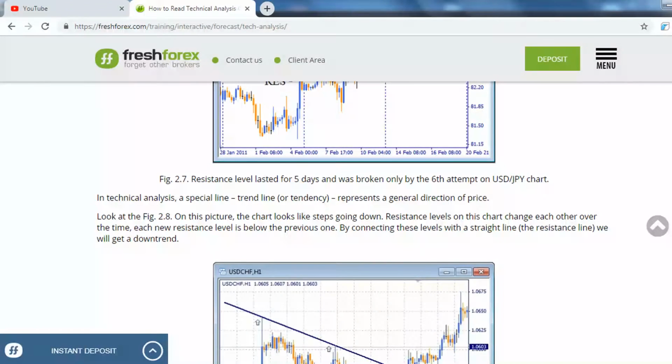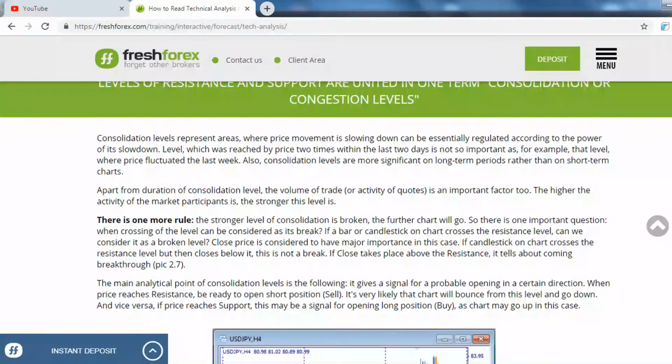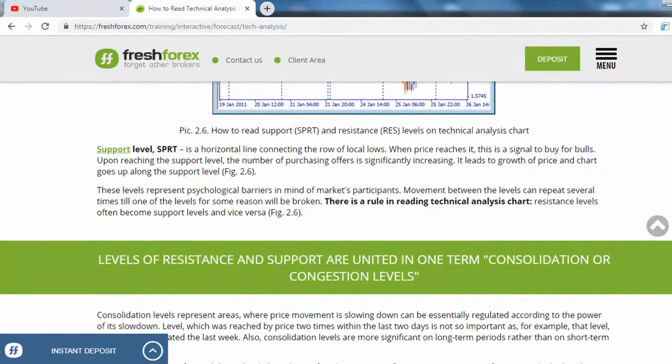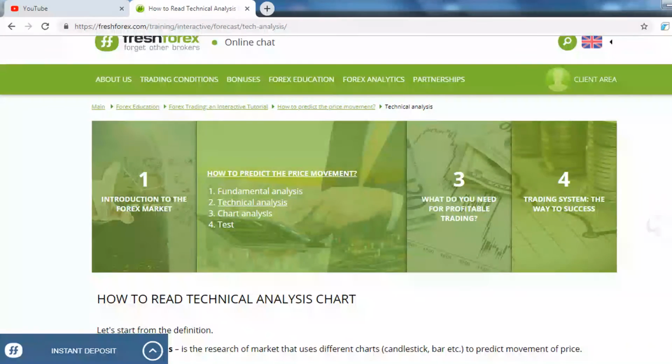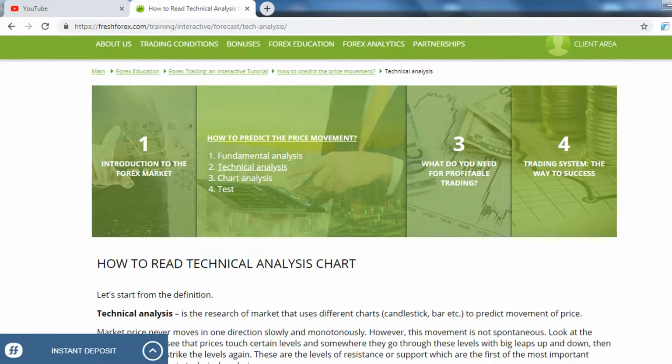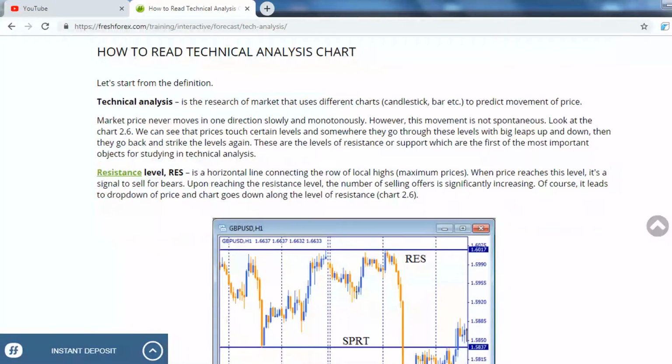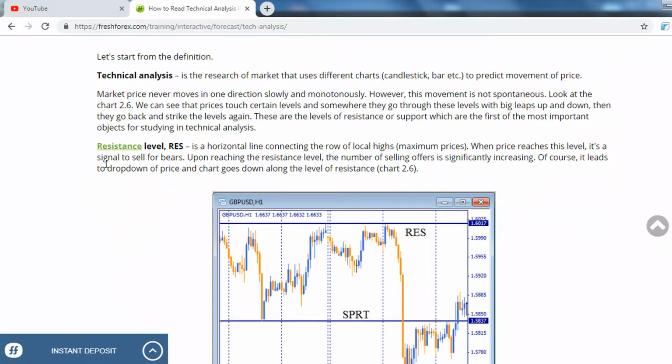So look at this page here. This is a FreshForex website, and it's under the education tutorials. This is what is written about support and resistance. According to this page, resistance level, which is RES, is a horizontal line connecting a row of local high prices, maximum prices.